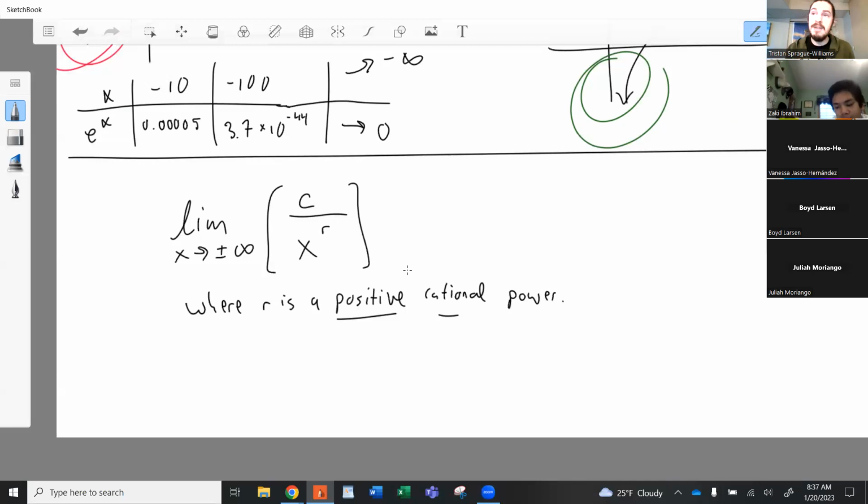But rational means that this is true for any positive integer, but also things like a half, positive fractions, right? Or like 3/8 or whatever. Okay, so fractional exponents.